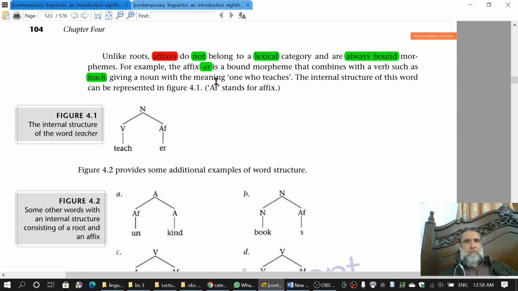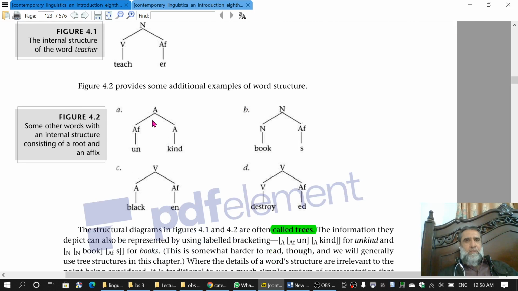We can express this information in the form of a diagram, which is called a tree diagram. For example, you have teach and er. Teach is the verb, while er is the affix. Both of them combined together make the noun, which is teacher. There is another example of un and kind.